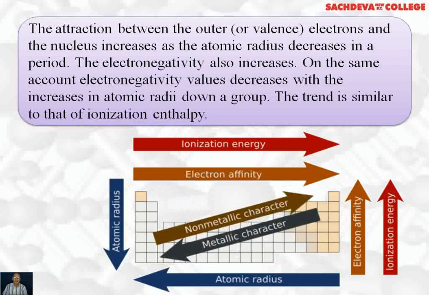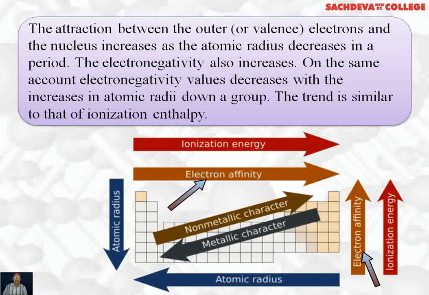Now this diagram shows the trends of ionization energy, electron affinity or electron gain enthalpy, atomic radius, and metallic and non-metallic character. Ionization energy goes on increasing from left to right in a period.